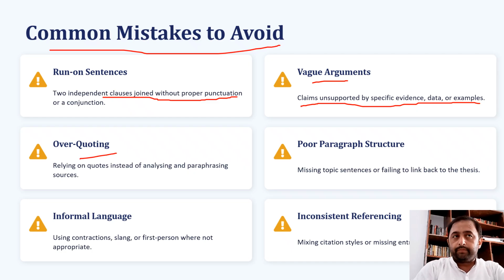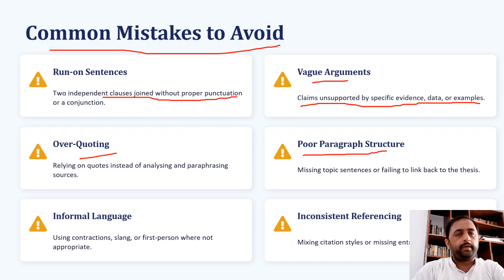It's a common mistake which everyone makes in academic work, relying on quotes instead of analyzing and paraphrasing sources. Once you use a quote, you have to analyze it in your own words and link that quotation to the thesis statement you have chosen. So every time you use a quote, you have to explain it in your own words.